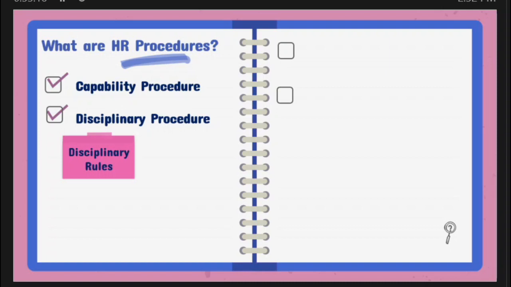Allow employees the right to be represented by a representative or colleague during any formal proceedings. Allow employees the right to know exactly what charges are being made against them and to respond to those charges. Allow employees the right to appeal against any disciplinary action.